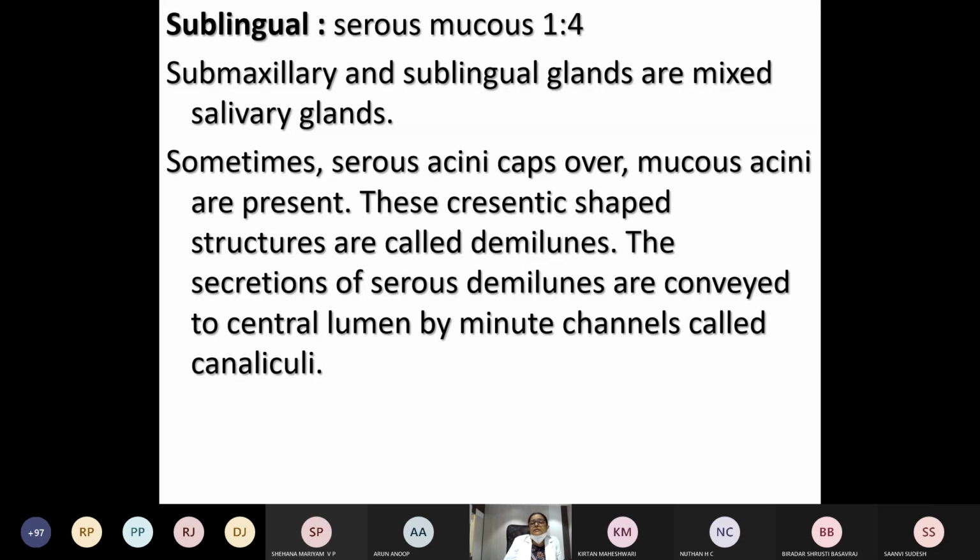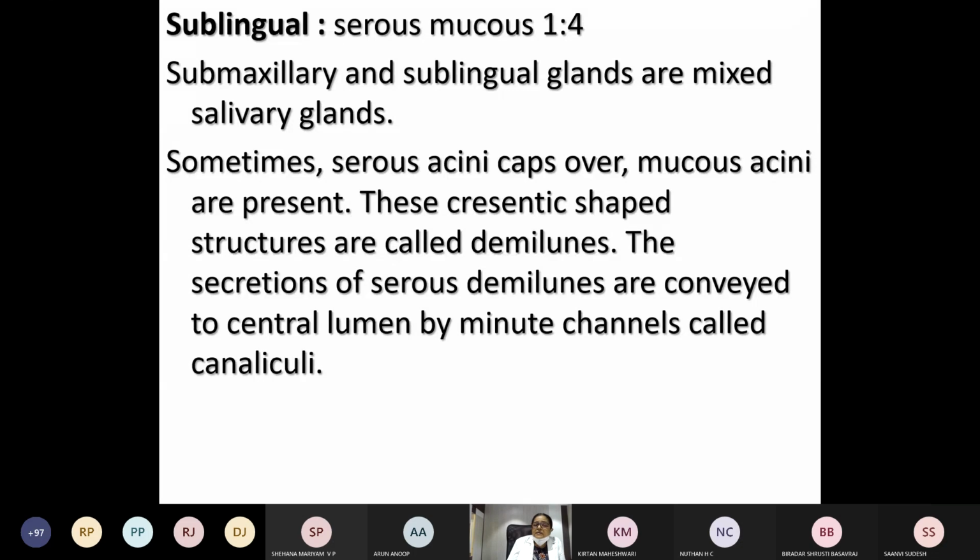Sublingual, serous to mucous ratio is 1:4. The submaxillary and sublingual glands are mixed salivary glands.